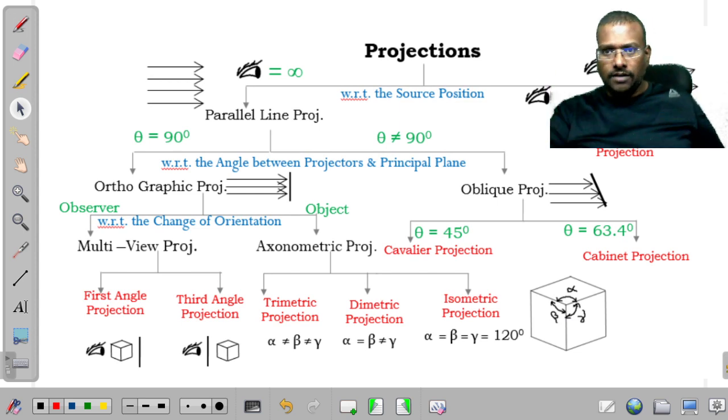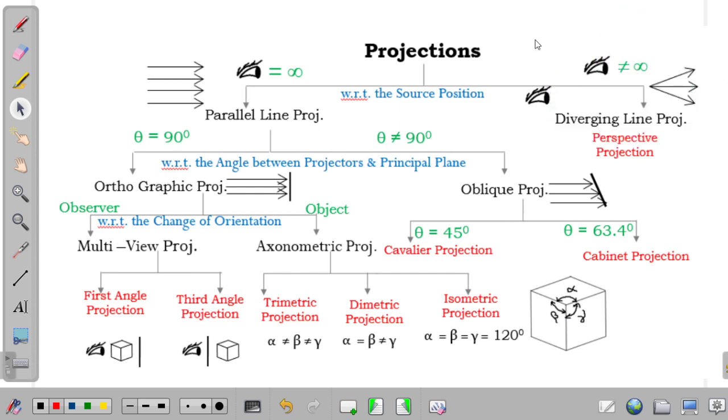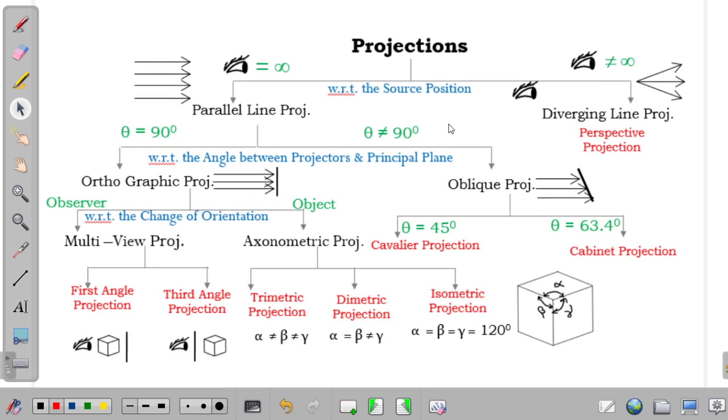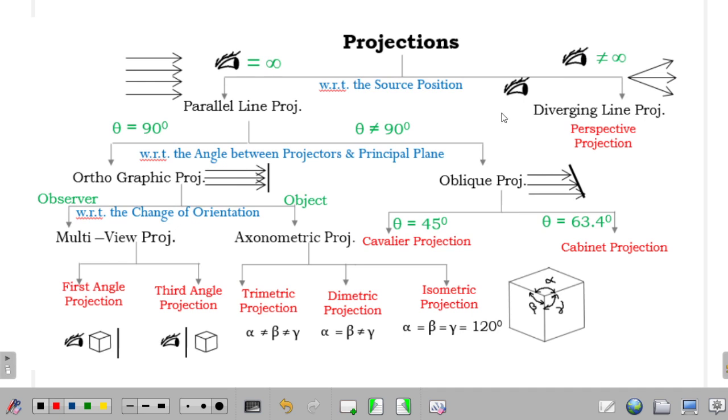I will hide myself whenever I am explaining that particular topic. Now let us consider the projections. The projections are divided into two broad classifications based on, or with respect to, the source position. This is also called the observer's position.